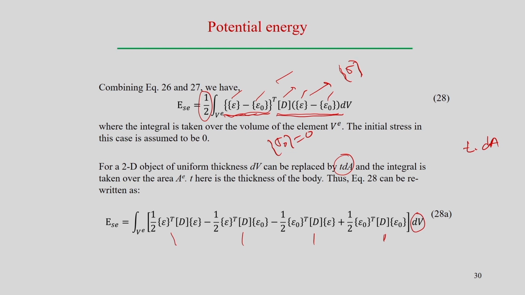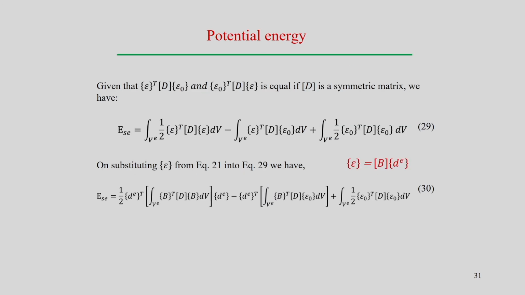So, accordingly we can put this transpose matrix T. We have to be very careful looking into the expression, and whenever required to maintain compatibility, we can put the transpose also. So, we get the 1, 2, 3, 4 components in this strain energy for a particular element.